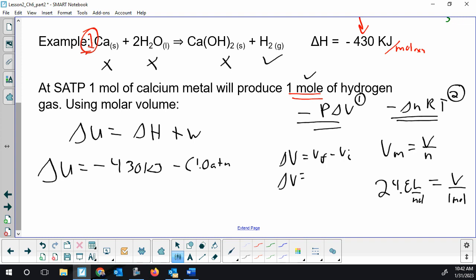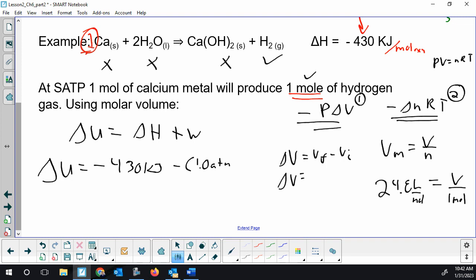Again, if you forgot this, you're doing an exam, you could always go back to PV equals nRT and solve for your volume. Your pressure is an atmosphere, 1 mole, look up R, and temperature would be 298 under standard conditions. This is a shortcut that you learned in Chem 20.